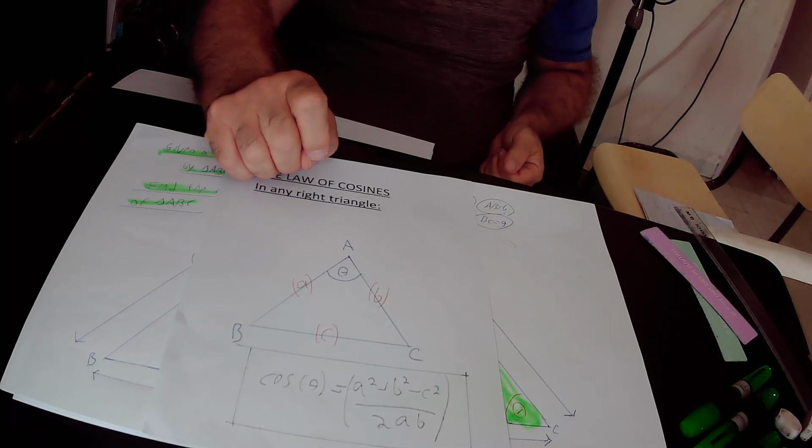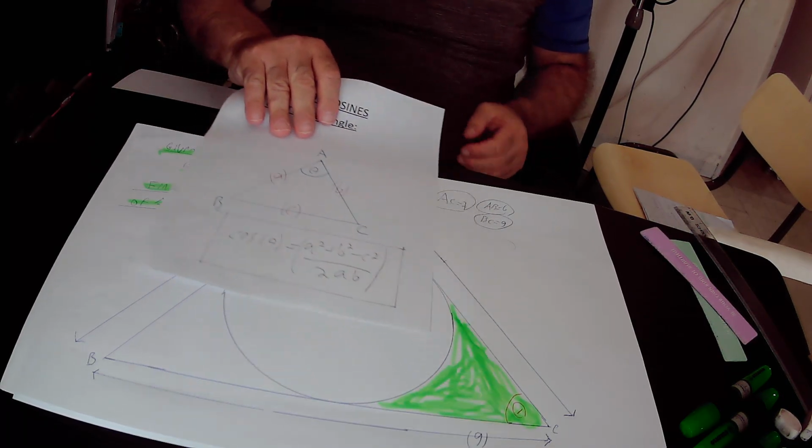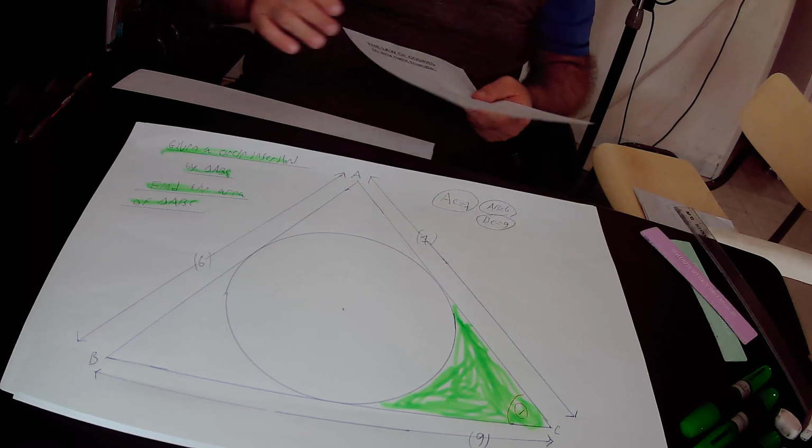So we implement the law of cosines in this triangle ABC.